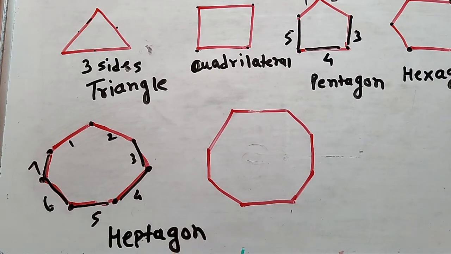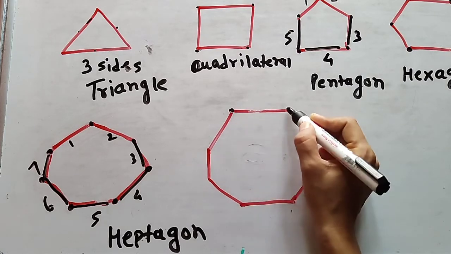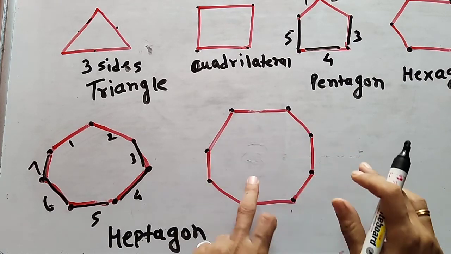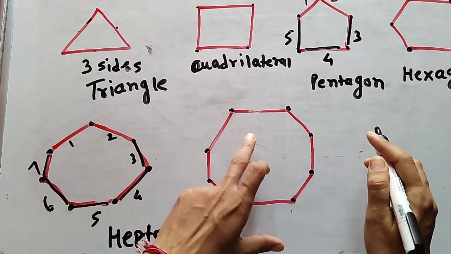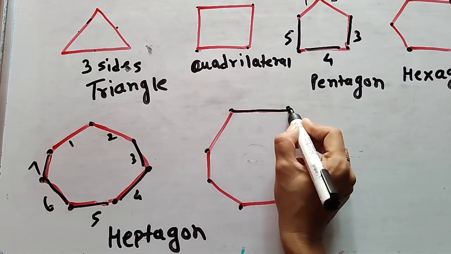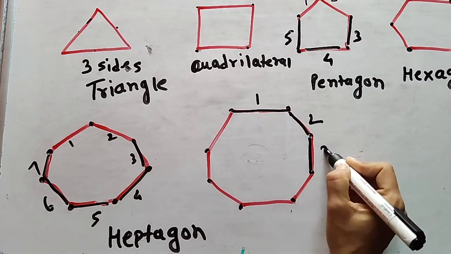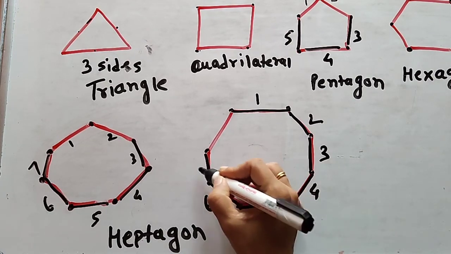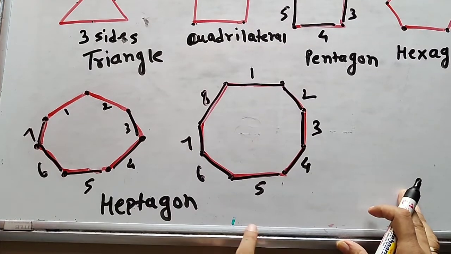Then next, octagon. See here, how many sides? 1, 2, 3, 4, 5, 6, 7, 8. These are the vertices. 8 vertices. And how many line segments, or sides? 8 lines, 8 sides.